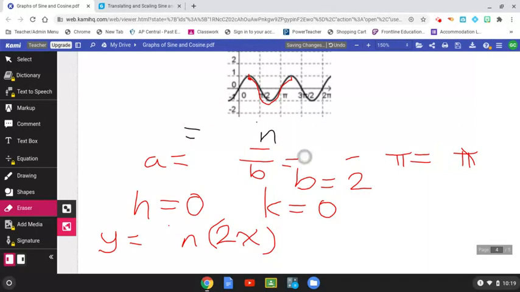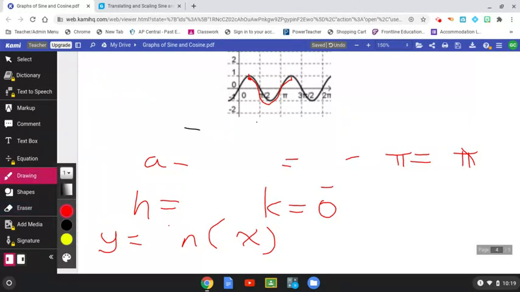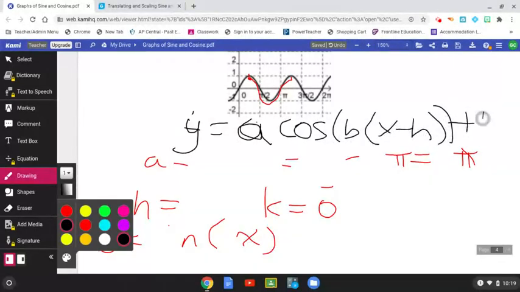Okay, so if I'm writing the equation for cosine, then my generic equation is going to be y equals a times cosine of b times x minus h plus k.